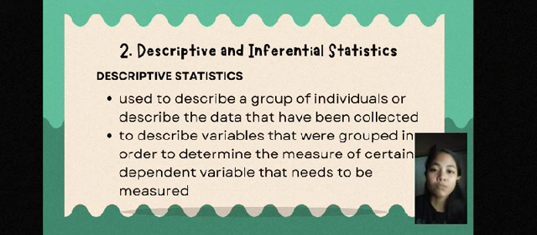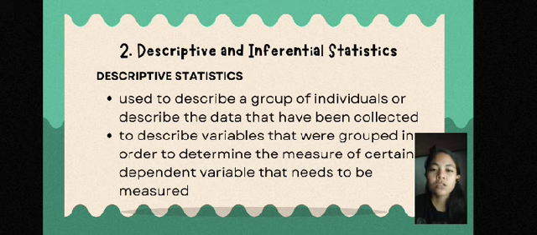Descriptive statistics is used to describe a group of individuals or describe the data that have been collected. It is used to describe variables that were grouped in order to determine the measure of a certain dependent variable that needs to be measured.